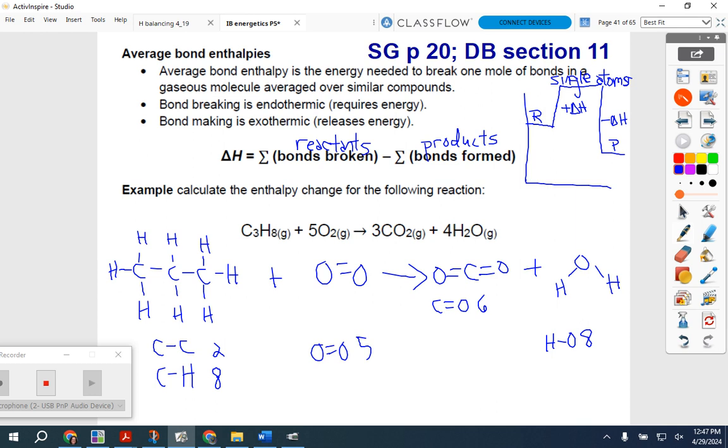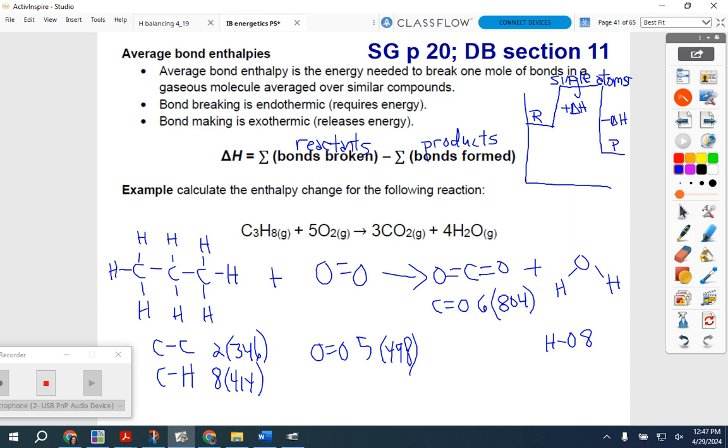So this is going to be 2 times carbon-carbon, which is 346. 8 times carbon-hydrogen, which is 414. 5 times double bond oxygen, which is 498. Okay. I'm going to sum all of those together. And then over here, I've got carbon-oxygen double bond, 6 times 804.